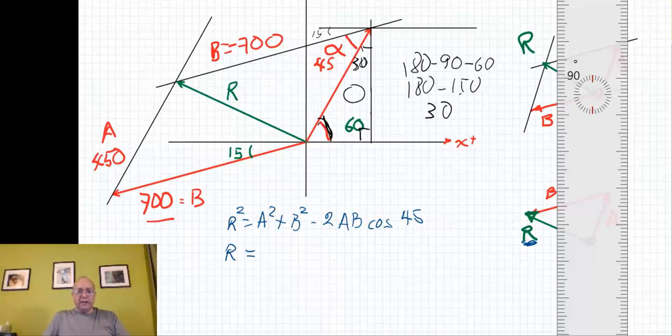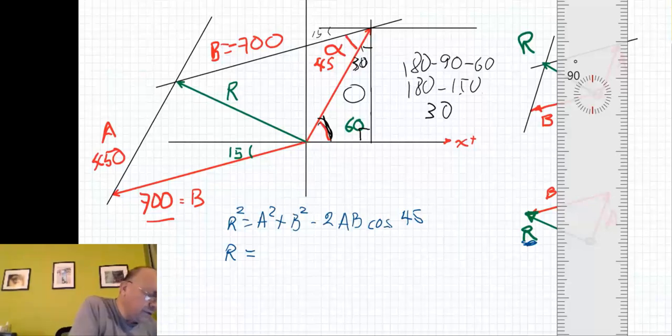R, anybody? I have 30 engineers in front of me. Let's see how many resultants we get here. Oh, 195? No, what is that? R is 195? Anybody else got 195? Let me put the numbers here.